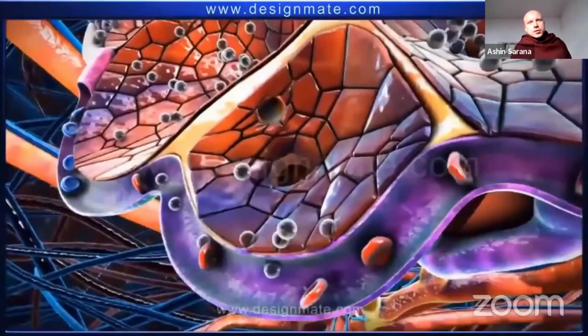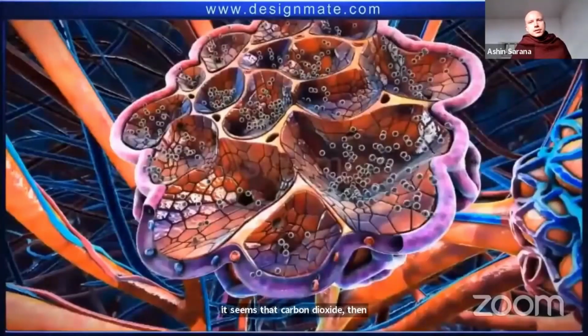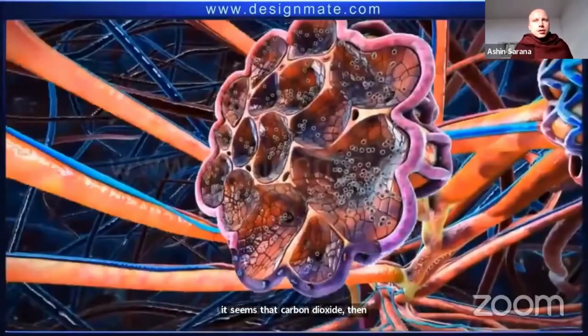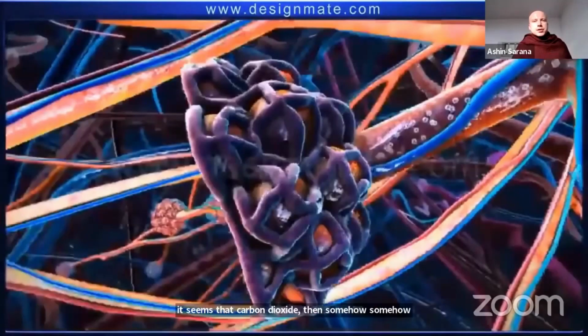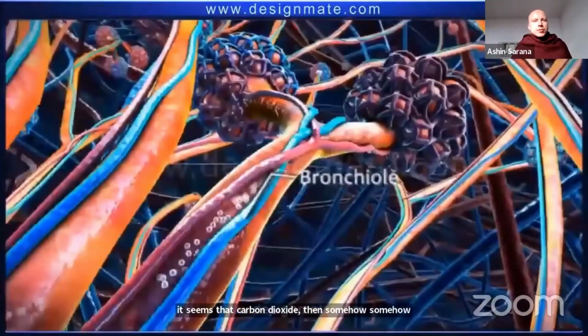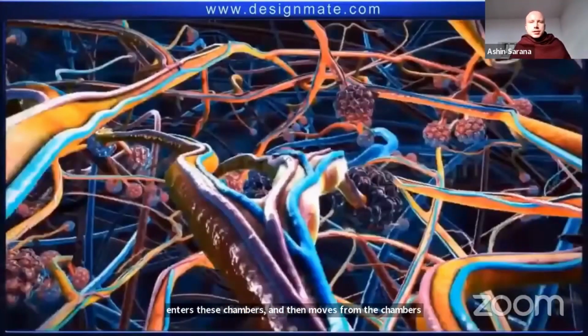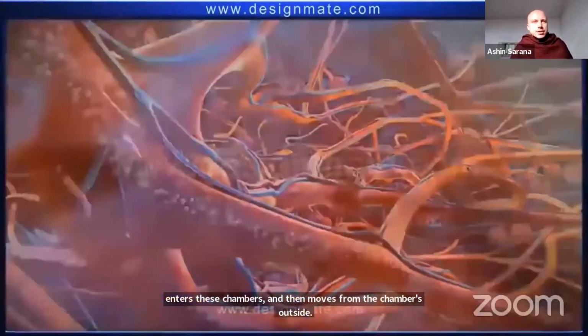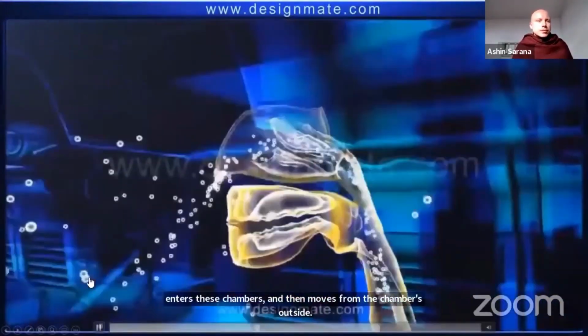It seems that carbon dioxide then somehow enters these chambers and then moves from the chambers outside. But it seems the process is not well explained in this video.